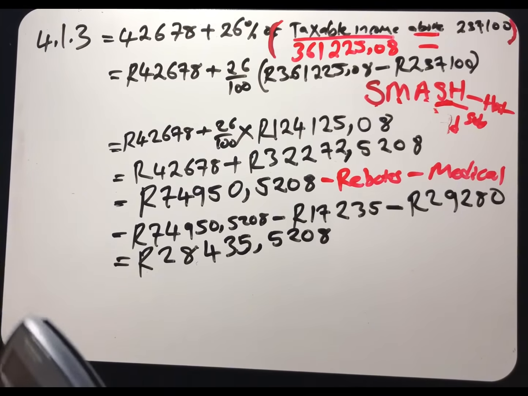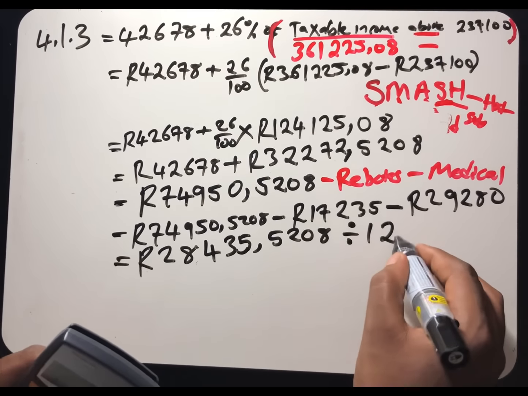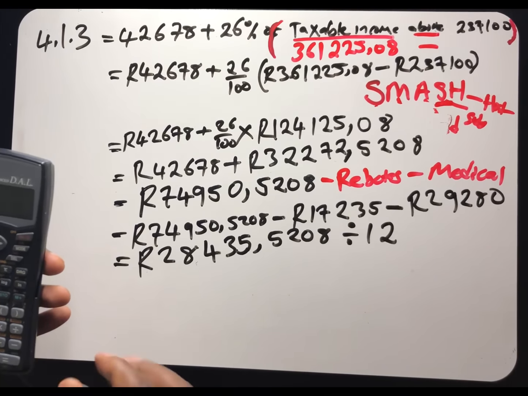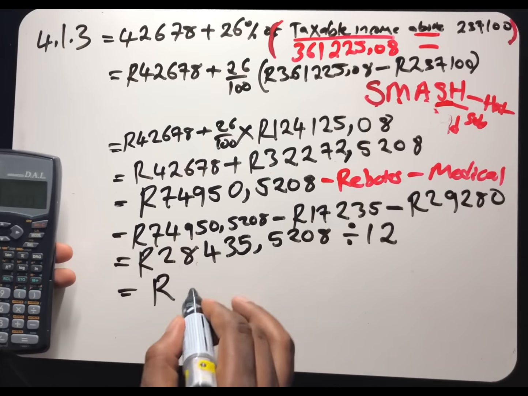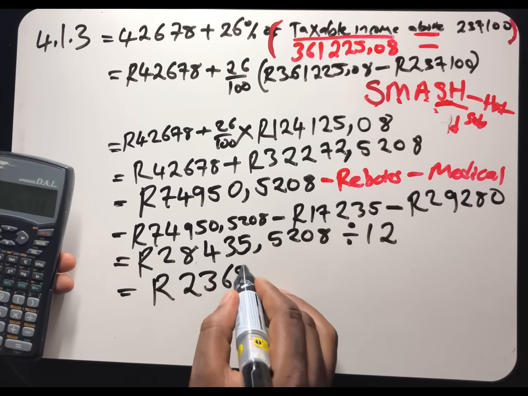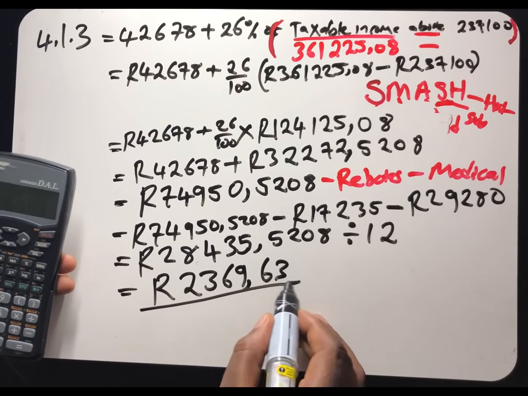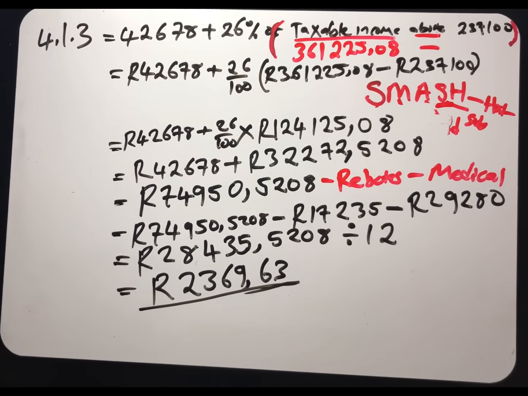And then the question wanted us to calculate the monthly tax contribution. Because it is monthly, we divide by 12. We found that monthly Mr. Chawalala is going to pay 2,369 rands and 63 cents. Our answer ended there. So this is how you calculate the tax payable by Mr. Chawalala for that year.